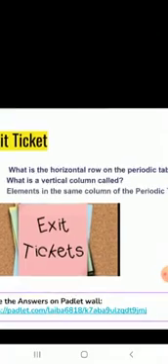Now it's an exit ticket. There are 3 questions, and I'll request you all to kindly give the answers for these questions in the comment box. These are the exit ticket questions.